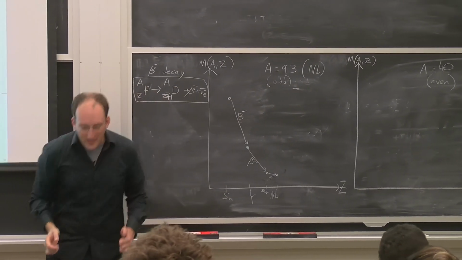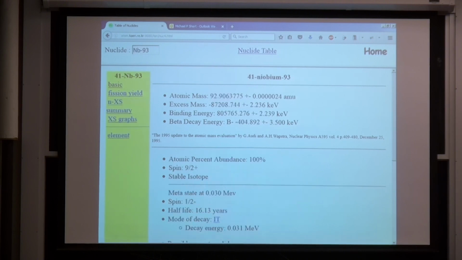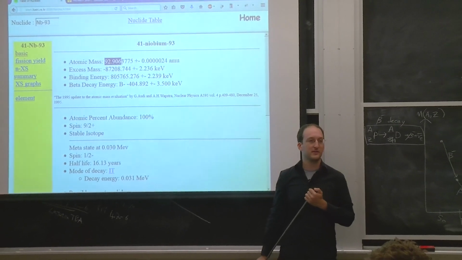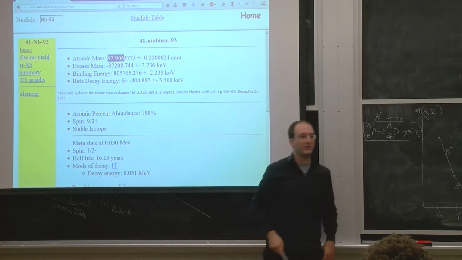And let's take a look at its mass real quick. The mass of strontium-93, 92.914 AMU. If we go back to niobium-93, now it's noticeably different to like 4 significant digits instead of 6. 92.914 versus 92.906.